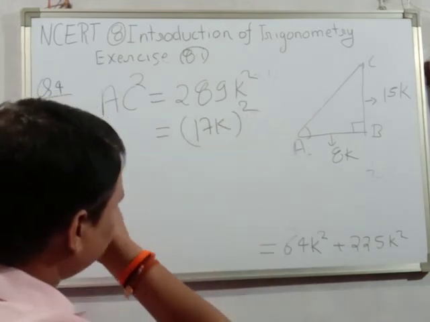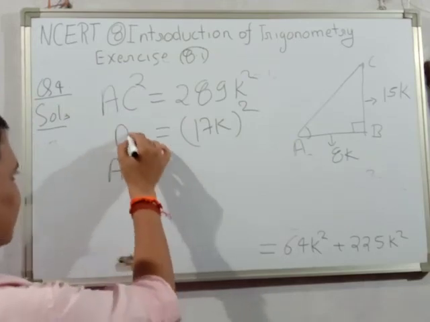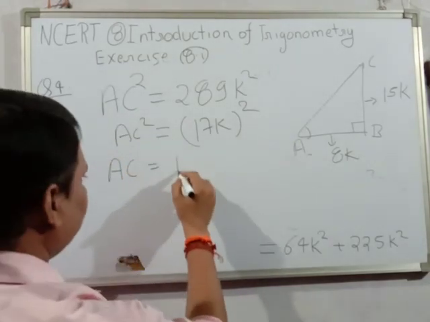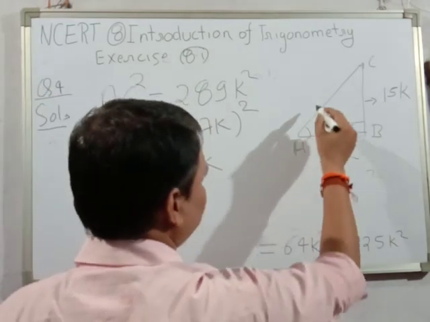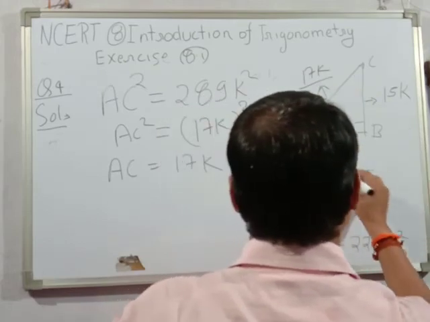On taking square root on both sides, we will get AC is equal to 17k. We get the hypotenuse 17k.